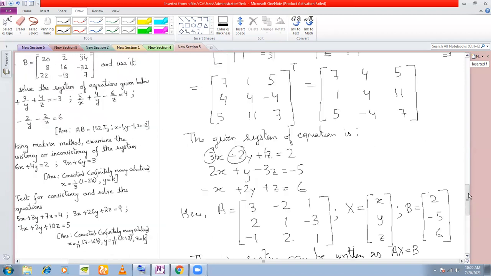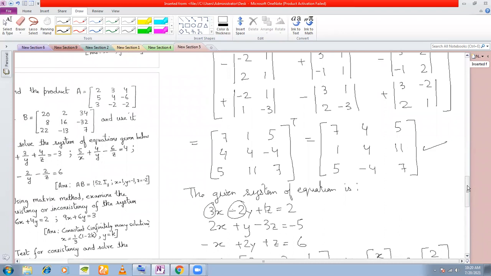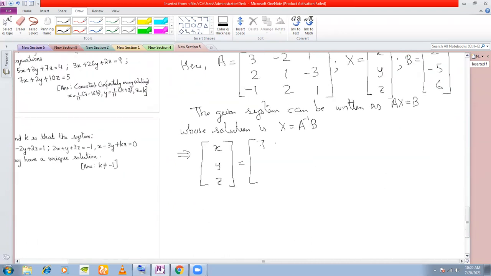How much have we found above for A inverse? This matrix: 7, 4, 5, 1, 4, 11, 5, minus 4, 7. And the matrix B here is 2, minus 5, 6.